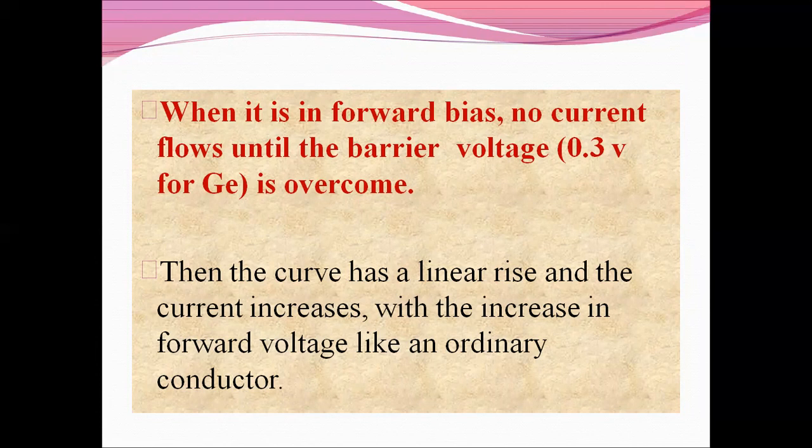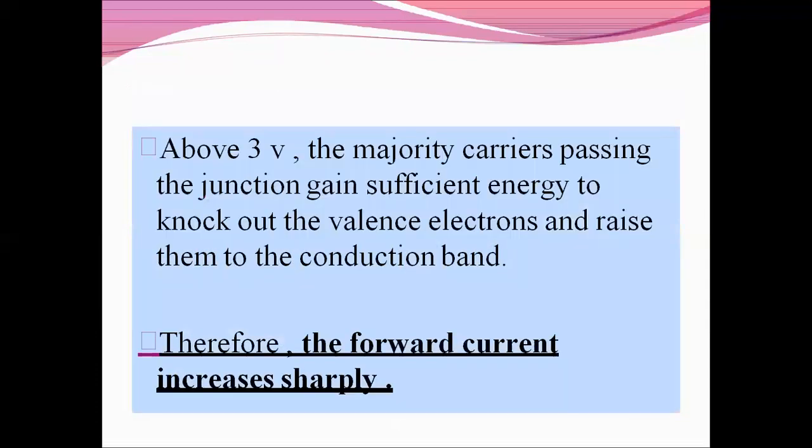Then the curve has a linear rise and the current increases with the increase in forward voltage, like an ordinary conductor. Above 3 volts, the majority carriers passing the junction gain sufficient energy to knock out the valence electrons and raise them to the conduction band. Therefore, the forward current increases sharply.